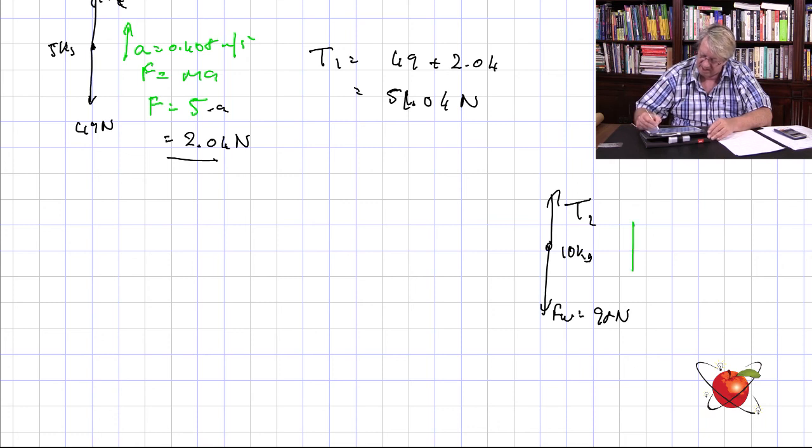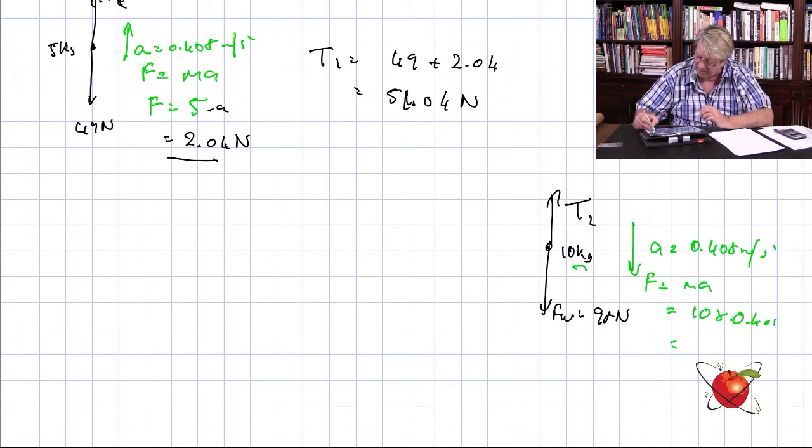I'm accelerating down with an acceleration of 0.408 meters per second squared. Therefore, F equals ma. F is equal to 10 kilograms times 0.408, which gives me 4.08 newtons.